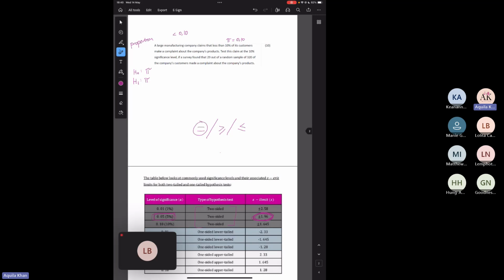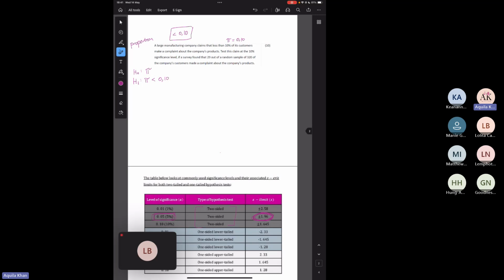As long as the equality sign is there, it goes into the null hypothesis. Now, if you look at this less than 0.1 that I wrote at the top here, this does not have the equality sign. So this cannot go into the null hypothesis, meaning it has to go into the alternate. So that's less than 0.1 in the alternate.